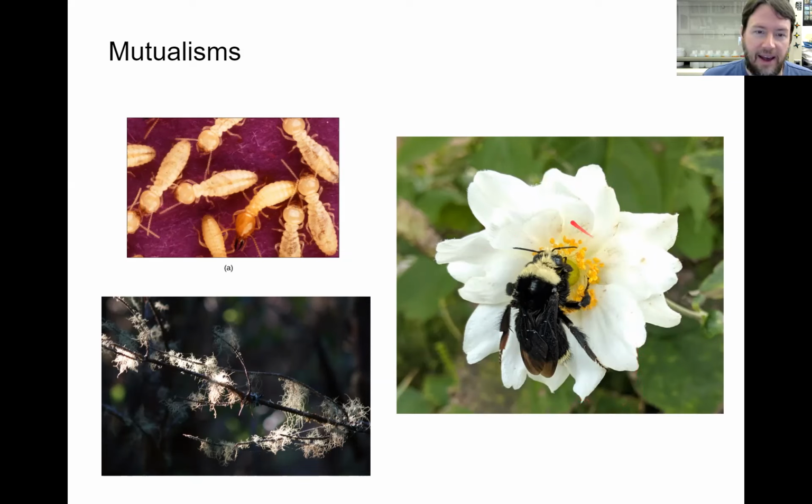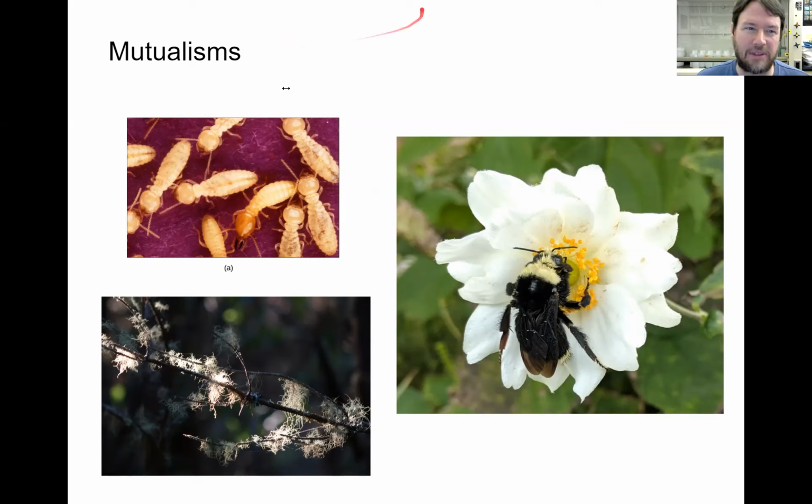Yeah. Another example, these are termites, and termites chew up wood, but it's funny because they don't have the enzymes to digest wood. So they actually host a bunch of protozoan symbionts. And I should put this up here as a word.